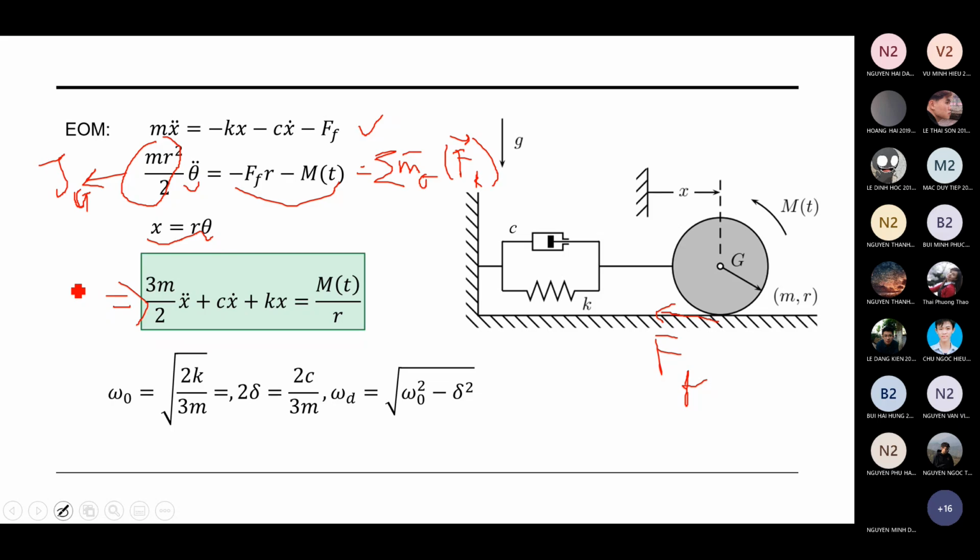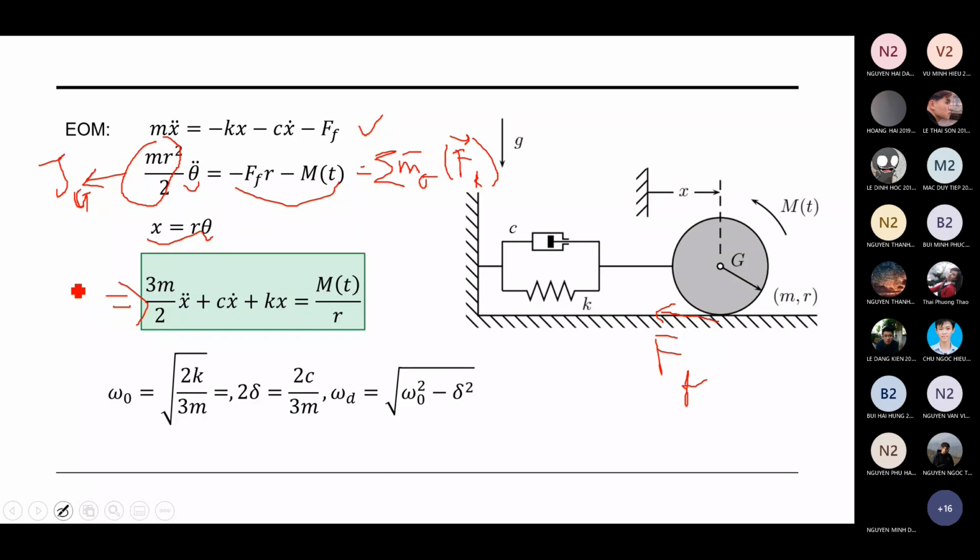Another way to derive this motion is to use the energy method, or the Lagrange equation, where you need the kinetic energy, the potential energy, and the damping energy.